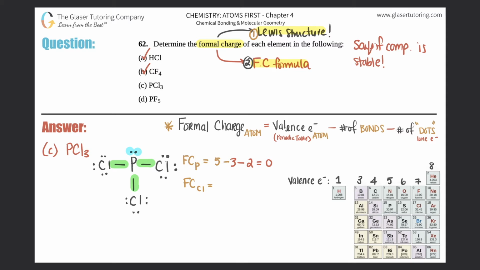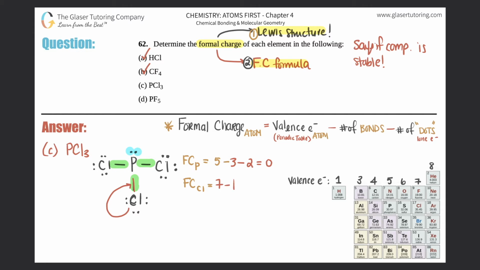Now let's do it for one chlorine. Let's do it for the chlorine on the bottom here. So chlorine's valence electrons is 7. So that would be 7 minus, how many bonds does this chlorine have? Well, now I'm just looking at this chlorine, so I can only take this bond. I can't take these other bonds because they're not bound to the single chlorine.